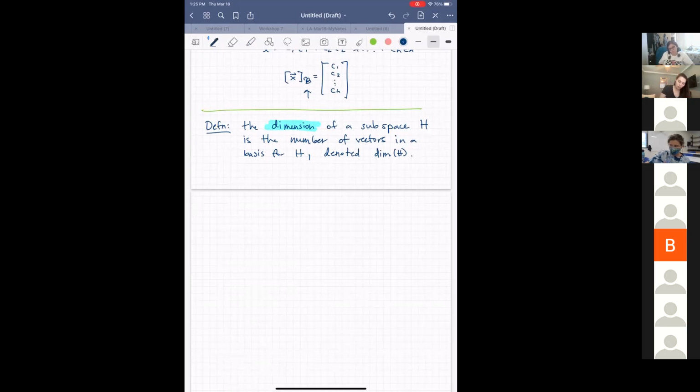And by convention, the dimension of the zero subspace, the one that only contains the zero vector, is going to be 0. Which corresponds with our idea that a point has 0 dimension, right?